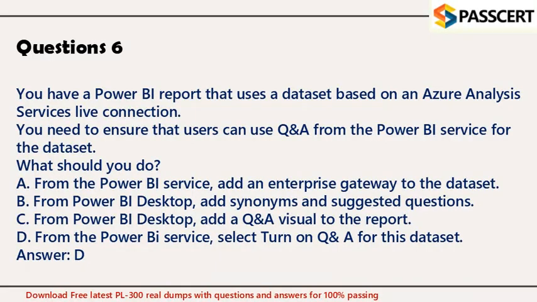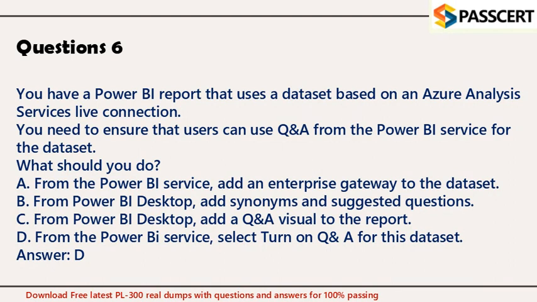6. You have a Power BI report that uses a dataset based on an Azure Analysis Services live connection. You need to ensure that users can use Q&A from the Power BI service for the dataset. What should you do? A. From the Power BI service, add an enterprise gateway to the dataset.